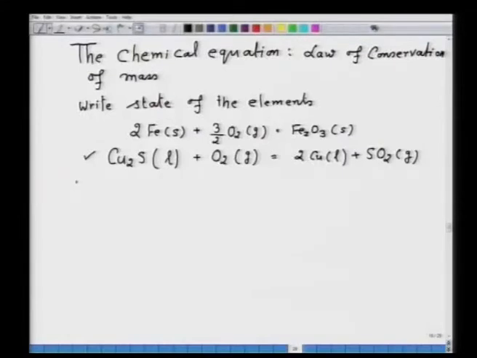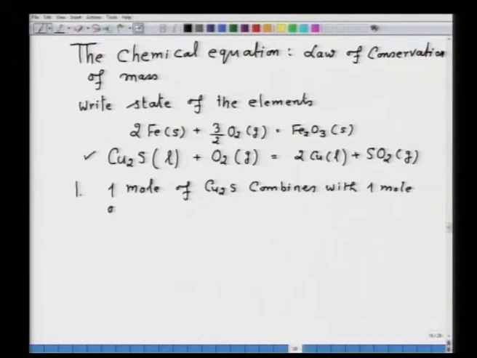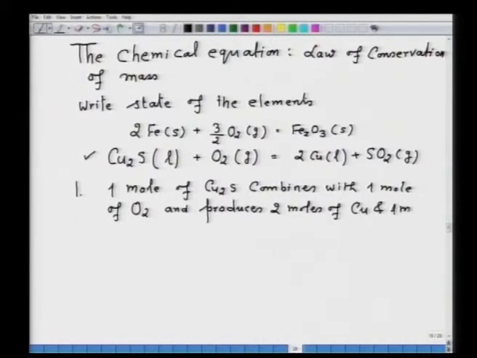This equation says that 1 mole of Cu2S combines with 1 mole of oxygen and produces 2 moles of copper and 1 mole of SO2. I simply mentioned it in terms of the moles that are taking part.